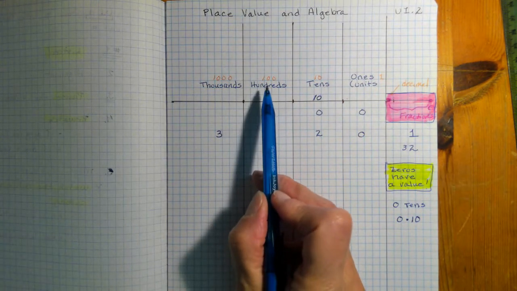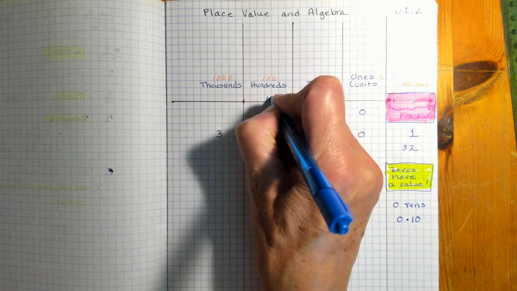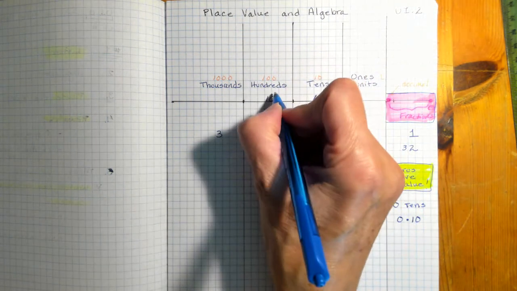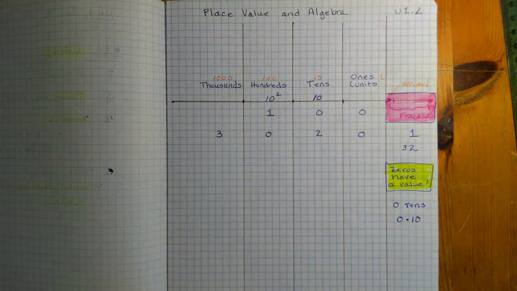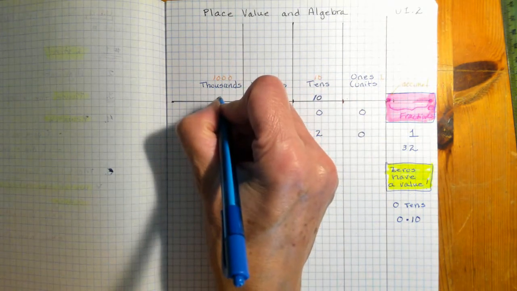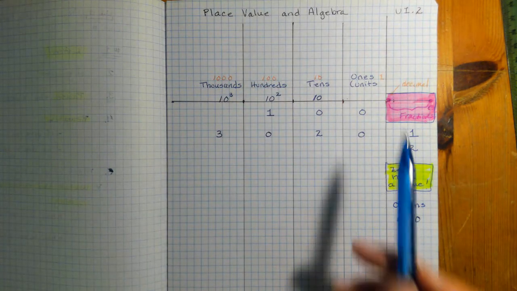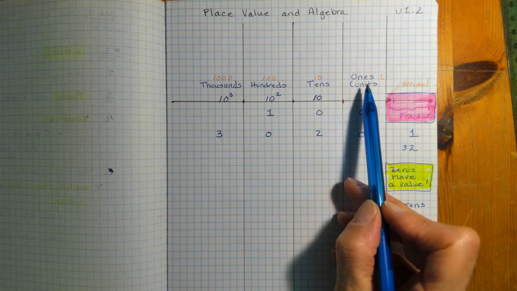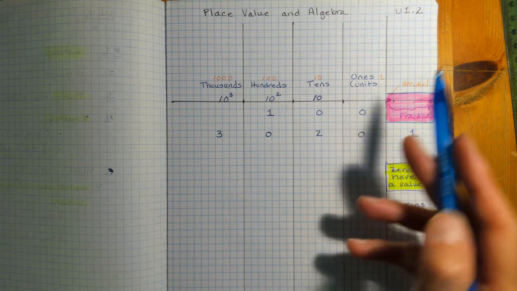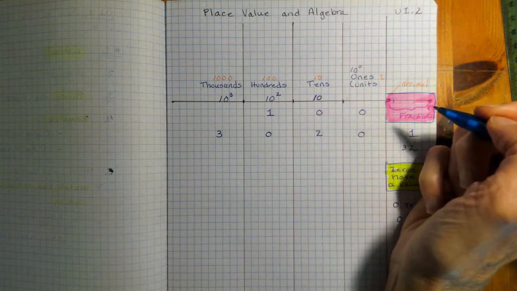How would I write 100 as base 10? That would be 10 squared. And 1,000 as base 10 would be 10 cubed. The other thing I want you to know is that for units, this is really 10 to the 0 power.